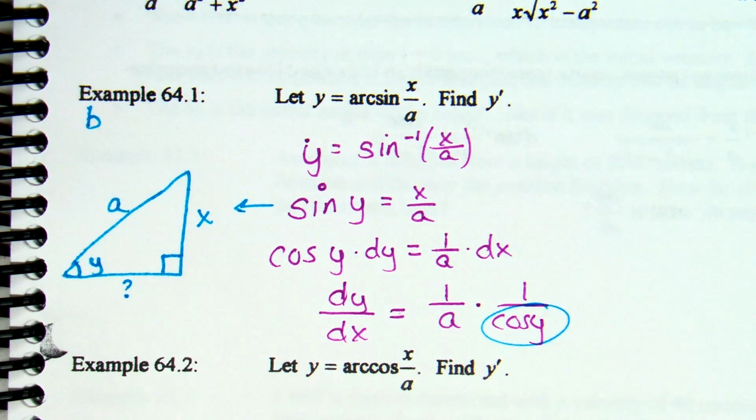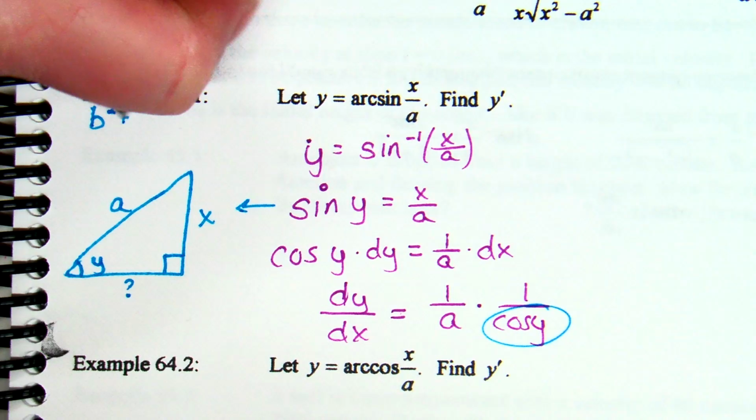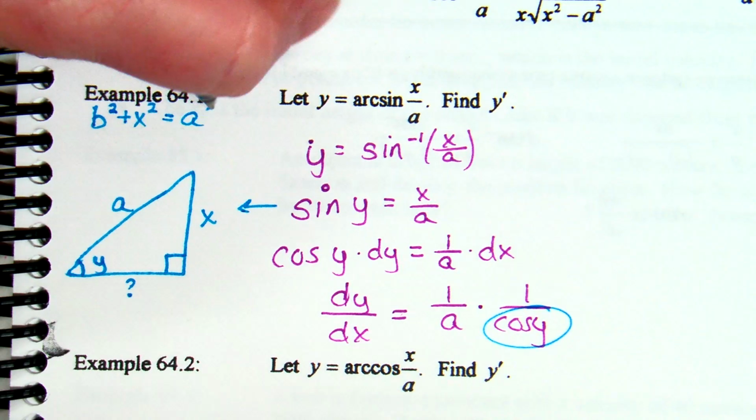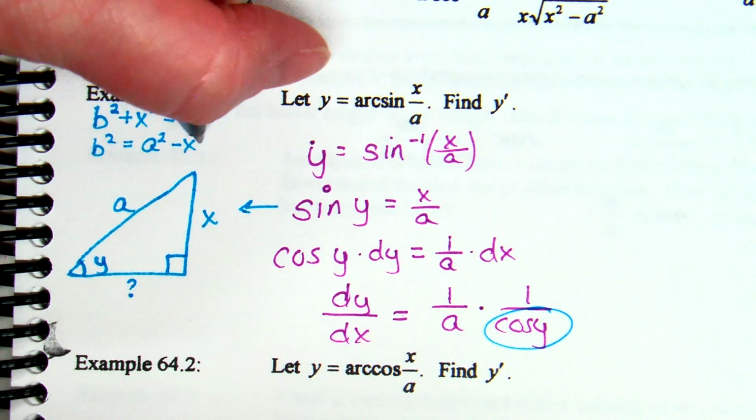Okay, so here, I'm going to call this bottom piece B. B squared plus the other leg x squared equals a squared. So I'm trying to solve for B. B squared is a squared minus x squared. So what is B? The square root of a squared minus x squared.